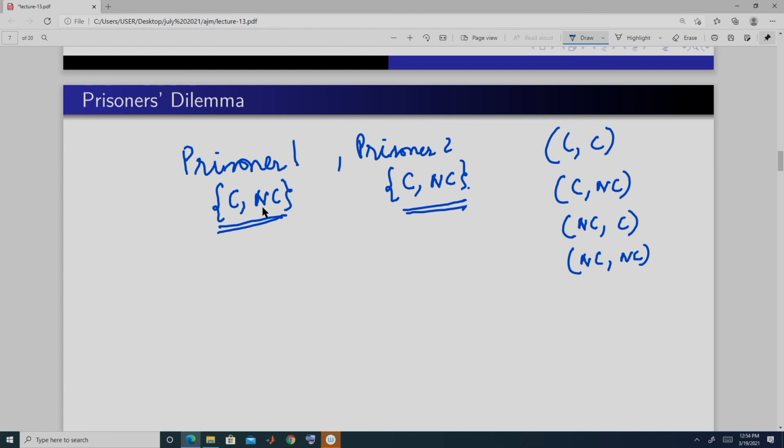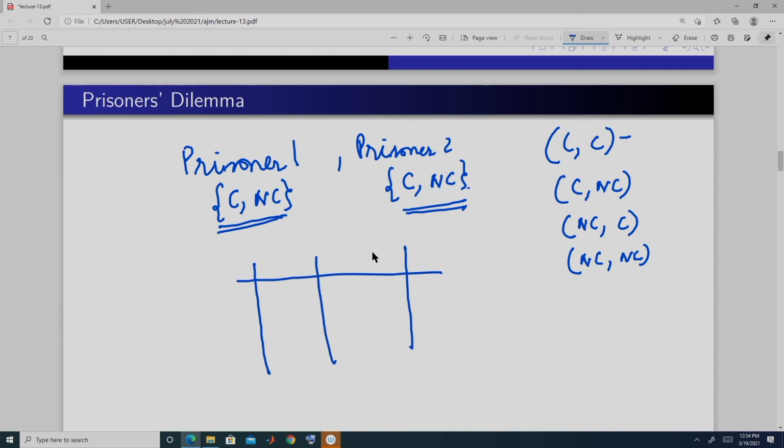Okay. And now, we define some payoff from here. So, if this is the outcome, what is going to be the payoff or the utility for each of these individuals, what they are going to get. So, this whole thing can be represented through a matrix in this form.